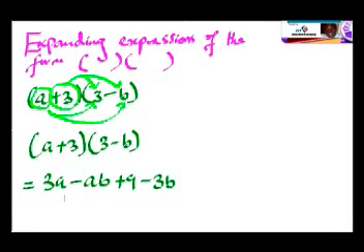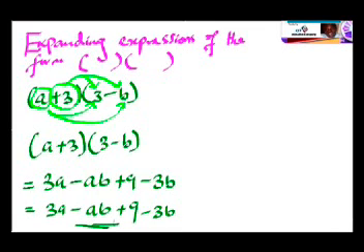Now if there's any way I could collect like terms, fine. If I can't, I'll just rearrange it very well, which is 3a. There's no one here that has a again except for ab. Ab is not a single term a, so you cannot add. 3a minus ab plus 9 minus 3b. So we'll just leave our answer like that because actually there's no like terms to add or subtract. We'll just take that as our final answer.